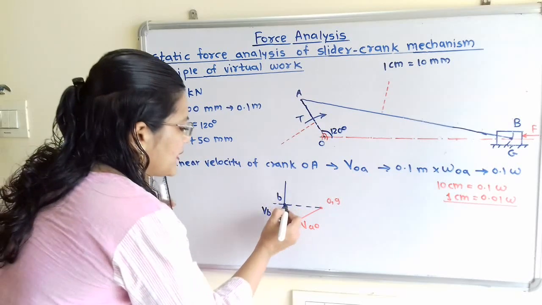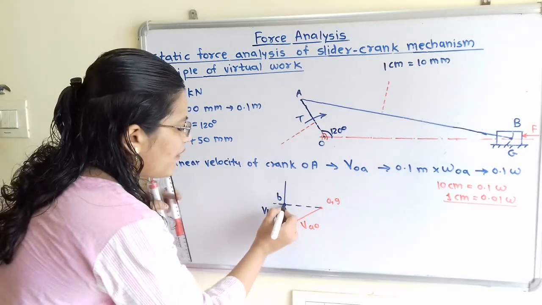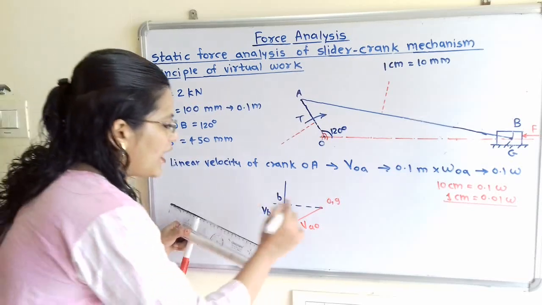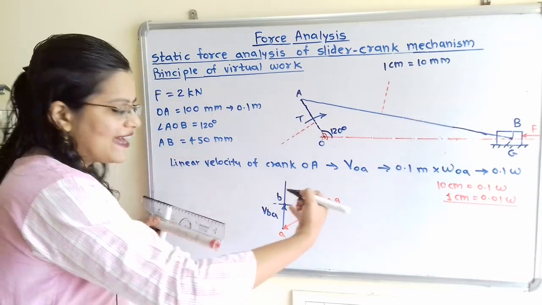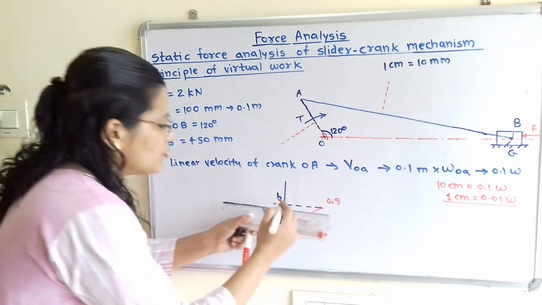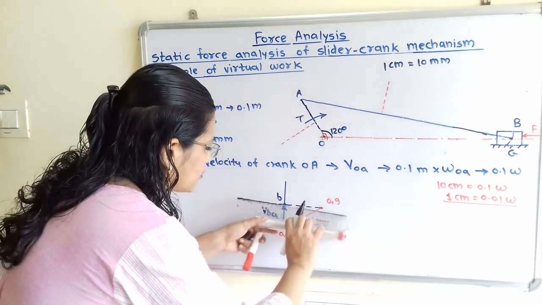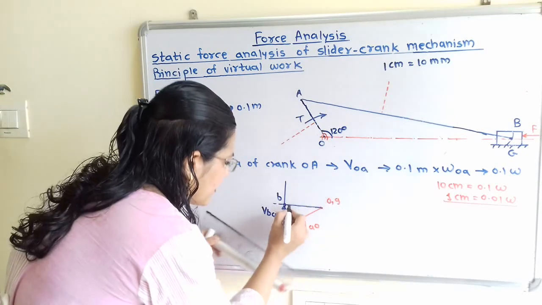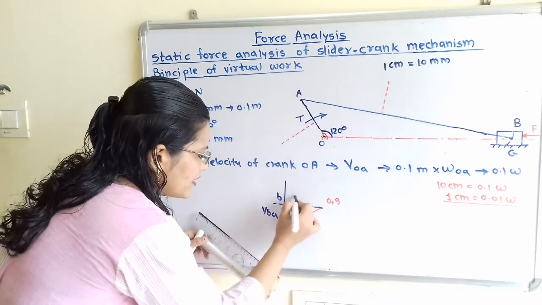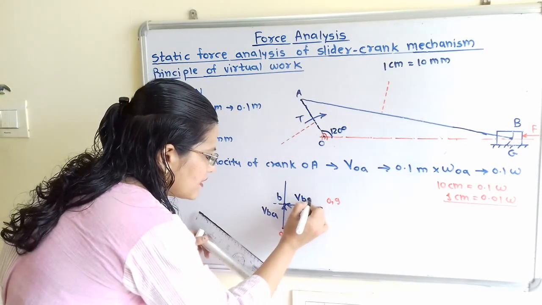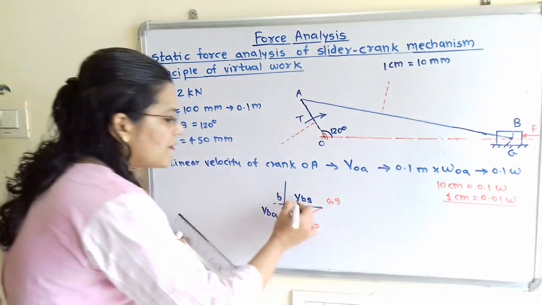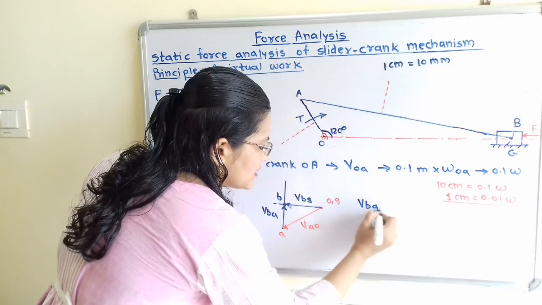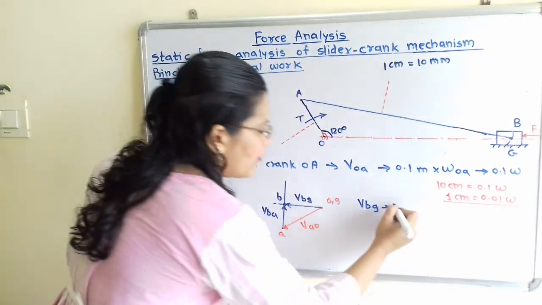Here B is the final point and G or O is the initial point, so I have to show the direction towards point B. I will convert this dash into one single line and show here the velocity of B with respect to G. Now this velocity of B with respect to G, that is VBG, is nothing but the velocity of the slider.